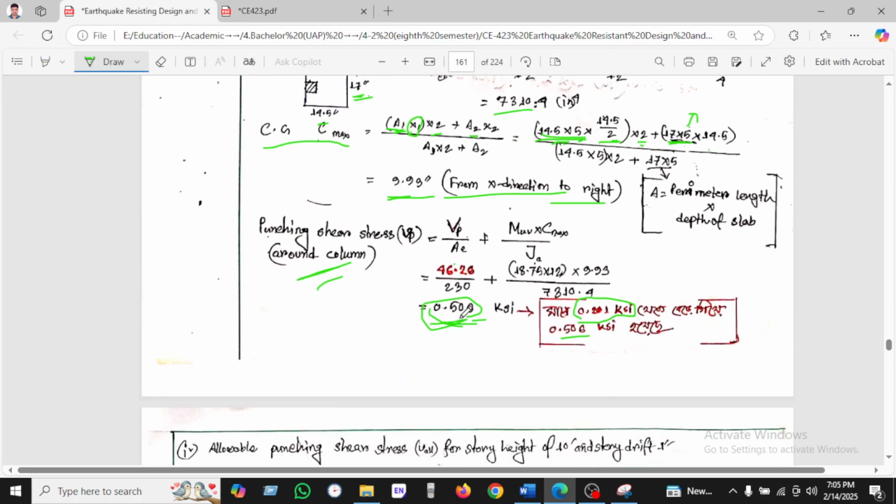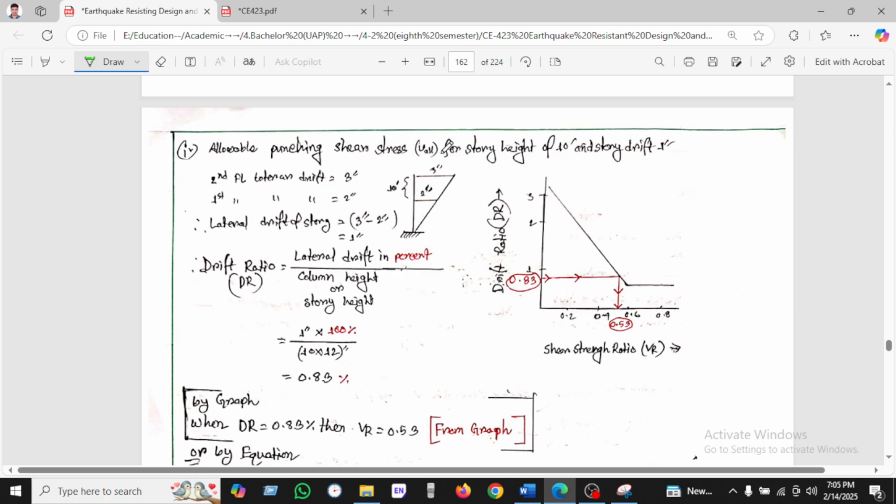So we can use allowable punching stress here with 10 feet height and story drift 1 inch. We can see first lateral drift 3 inch, second floor 3 inch, first floor 2 inch, lateral drift 2 divided by 4, which is 1 inch drift ratio, lateral drift percent divided by story height, and found 83 inches square.